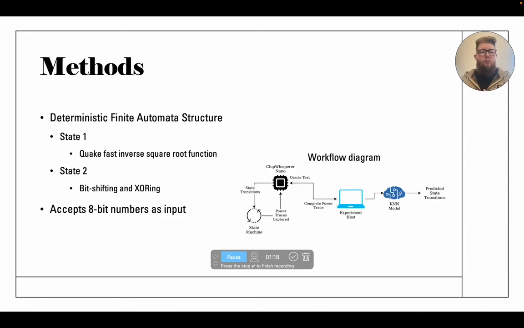Roughly, for the two states, we wanted common-ish computational models, things that are typically used in this low power environment, that are still separate enough that we could make sure that what we're seeing was in fact what we had hoped to find and not just some sort of coincidence.